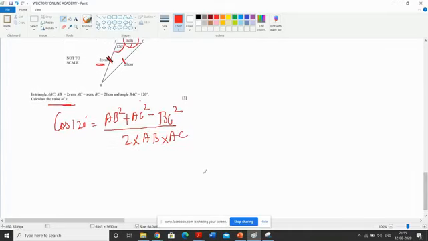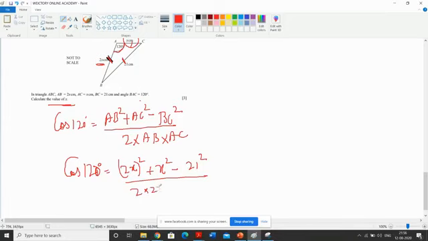So cos 120 equals AB square. AB is 2x, so 2x square plus x square minus 21 square over 2 times 2x multiply x.